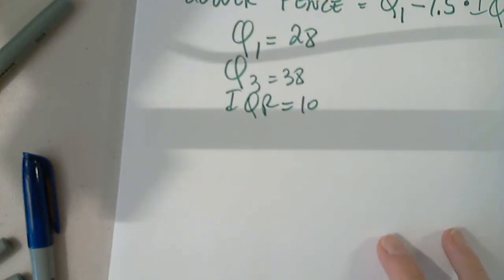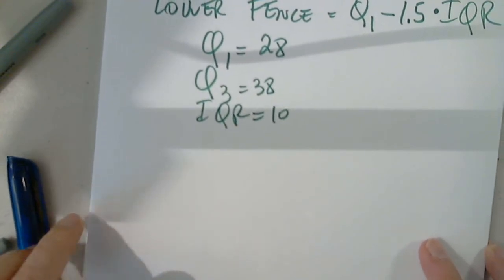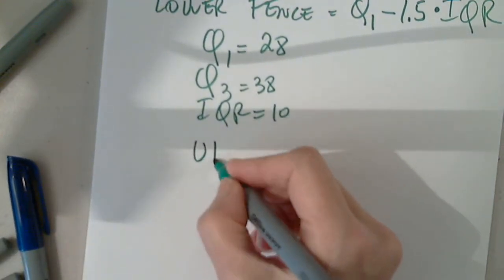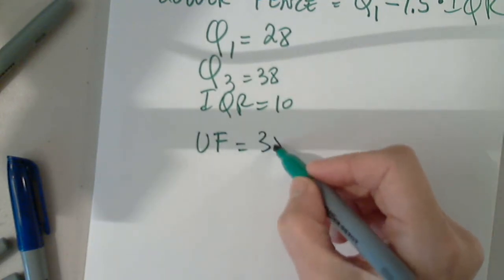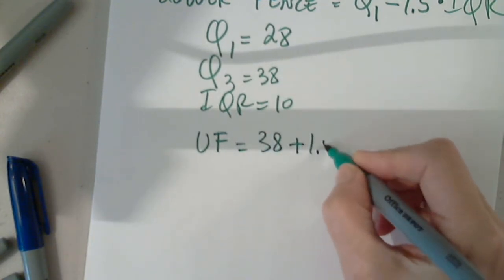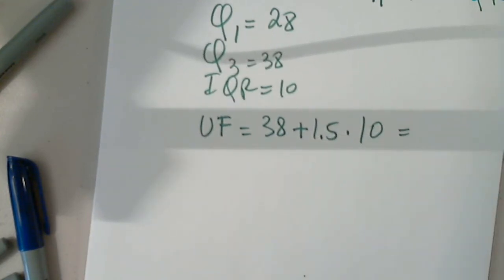And then decide if this data set that we're looking at has outliers or not. So upper fence UF is Q3, 38, plus 1.5 multiplied by the interquartile range, and we'll calculate this in a moment.